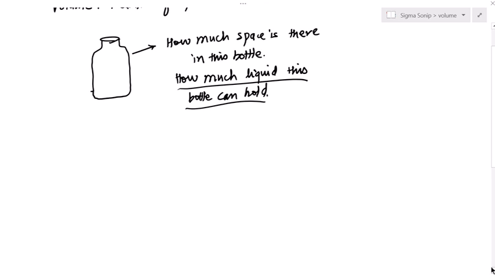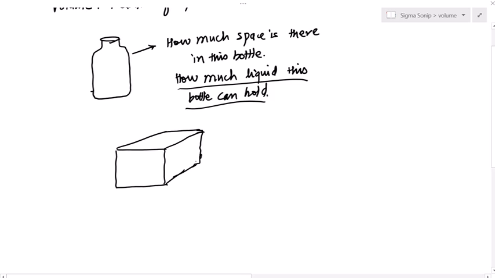Okay, we are going to learn how to find volume of a rectangular prism. And a rectangular prism is something which you are quite familiar with. We sometimes use the word box for this, and that is a rectangular prism.